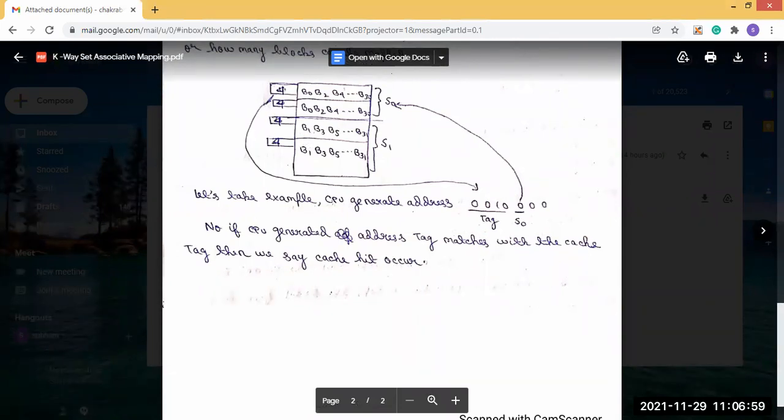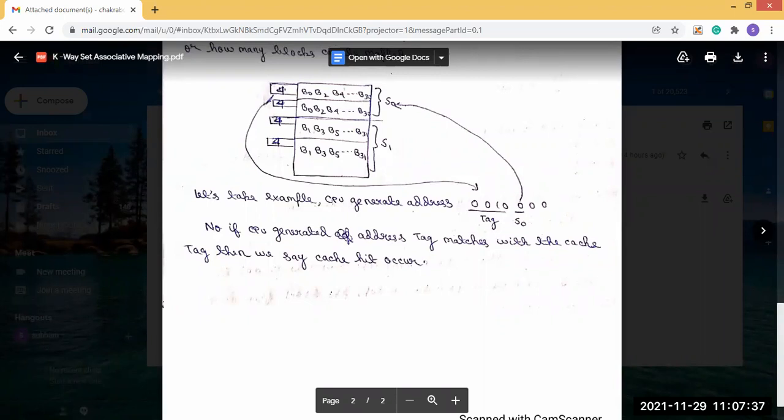And if that particular block is not present in the cache at that moment, then a cache miss has occurred. So what we have to do is transfer a copy of that block from the main memory to the cache, and then the CPU will search again, and if it is found, then a cache hit has occurred. Okay, so this is the concept of fully associative mapping.